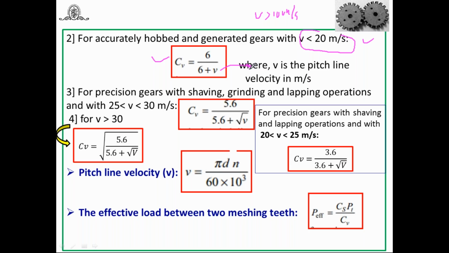Remember, it is in meter per second. Sometimes velocity may be given in mm per second. You have to convert it into meter per second, otherwise you will get the wrong CV and use the wrong CV in gear design.